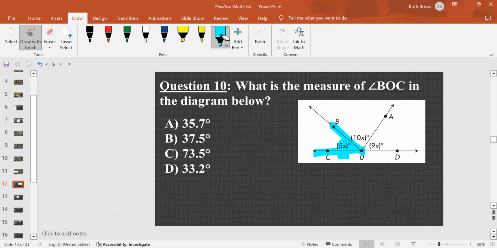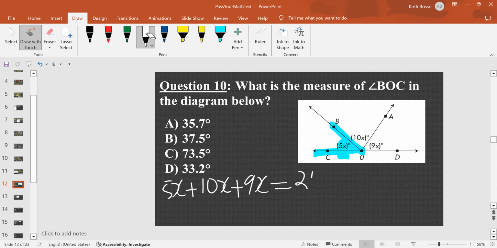Okay, so understand that here what we'll do is try to find x. If we get the x value, we can solve the question properly. For that, we'll try to add 5x to 10x to 9x. So that gives you 24x.